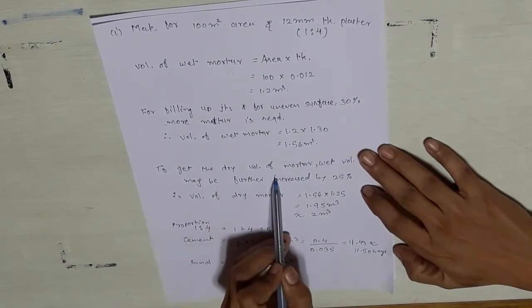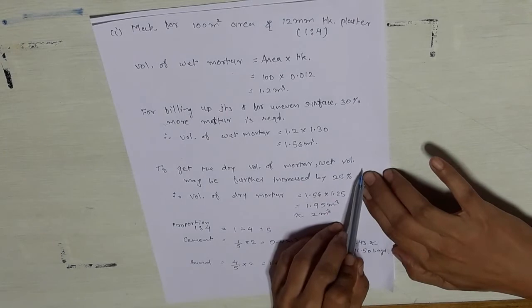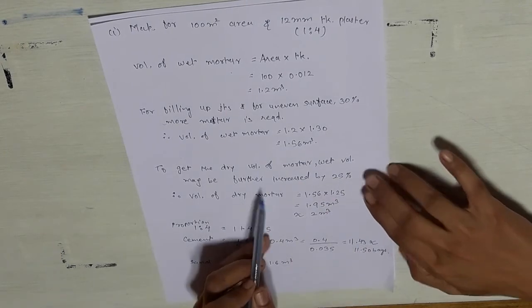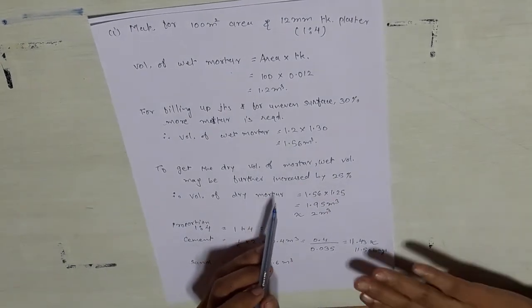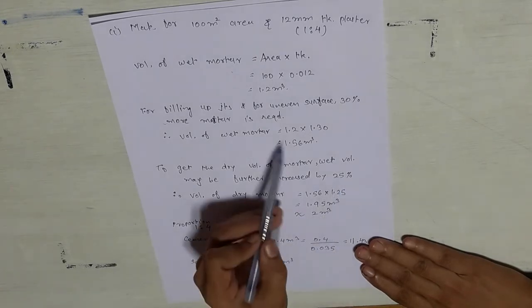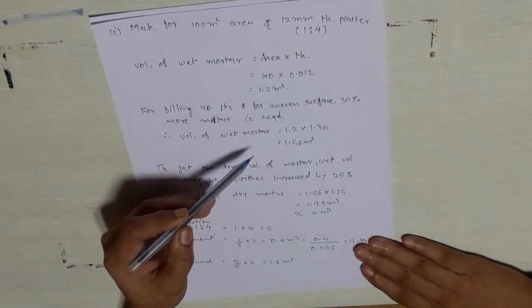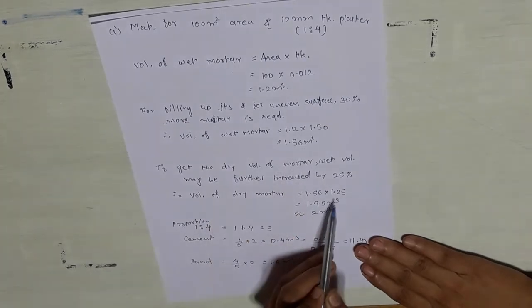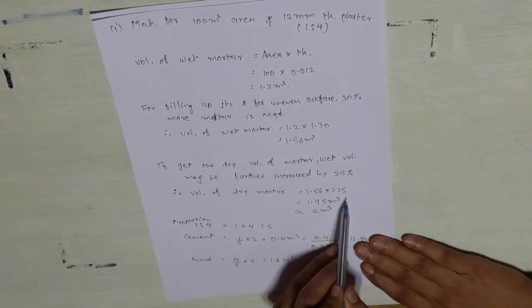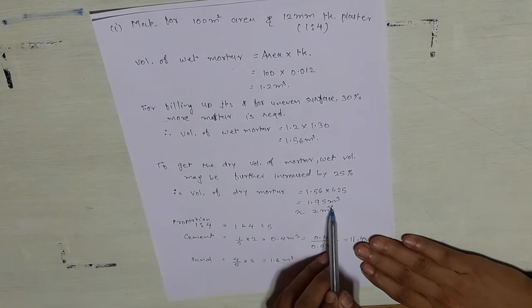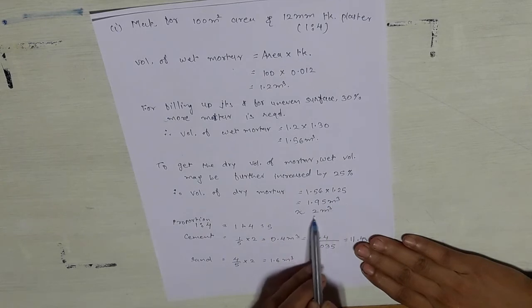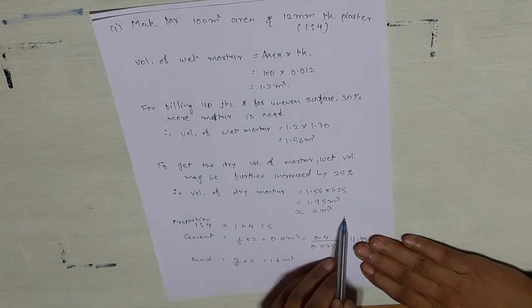Now to get the dry volume of the mortar, wet volume may be further increased by 25%. So 1.56 multiplied by 1.25 comes to 1.95 meter cube, nearly equal to 2 meter cube.